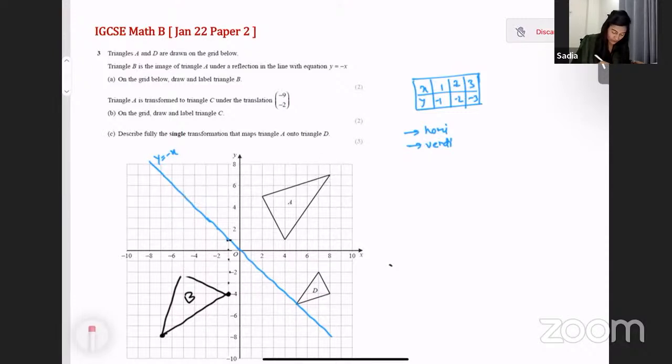For some reason, the answer doesn't match.